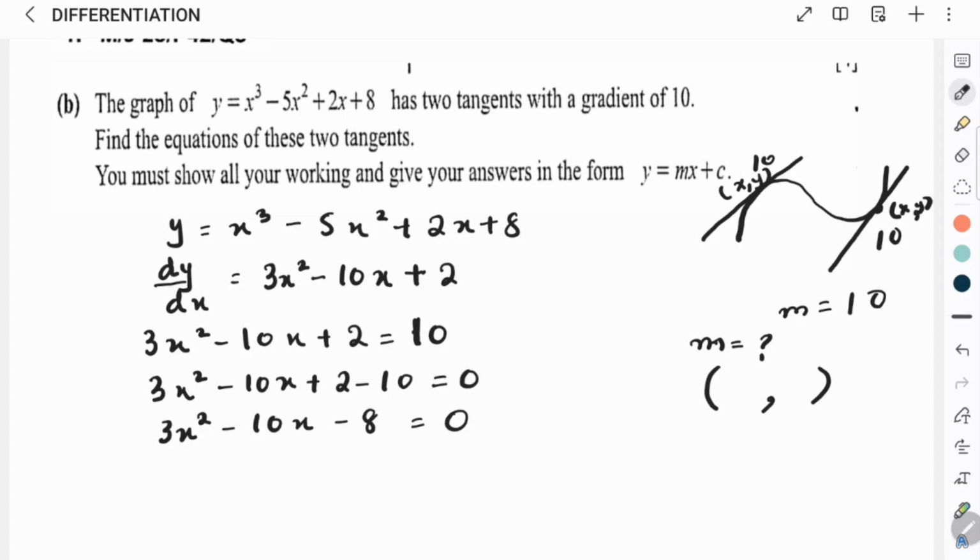So 12 twos are 24. That is the right pair to find the factors. 6 fours are 24 will give you 10 if you add them together, but one positive and one negative will not make 10.